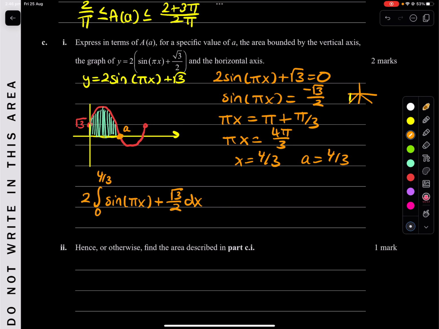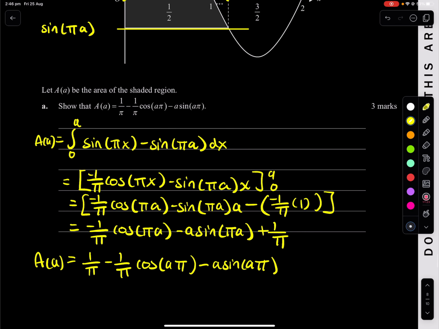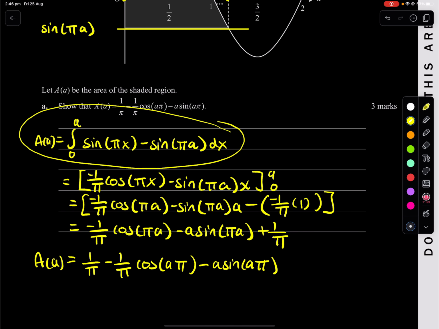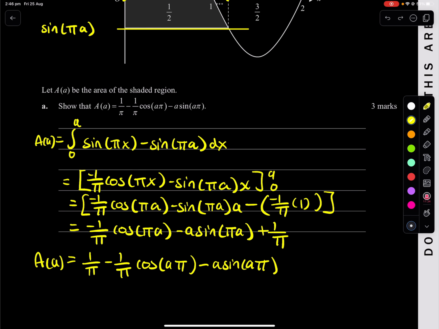How can I express it in a on a? If we go up to this equation, if we know that a on a is this, what can't we just say in this case?